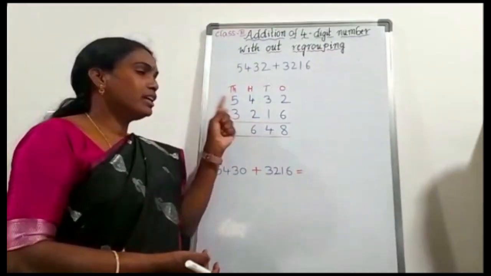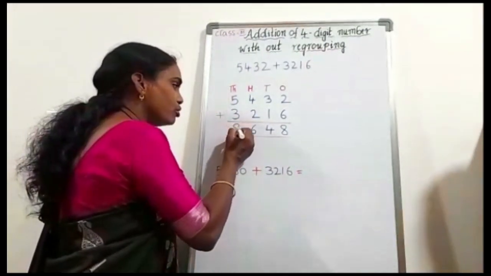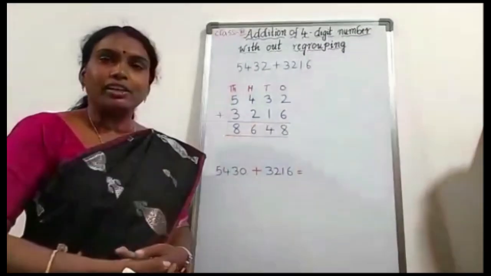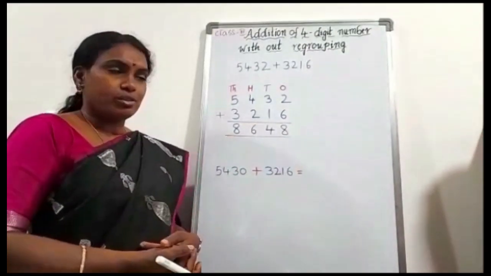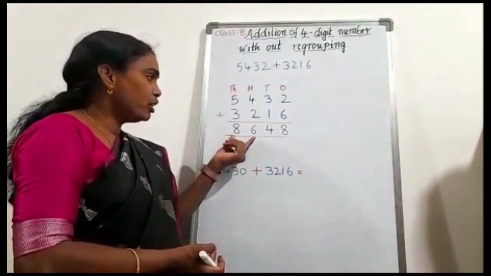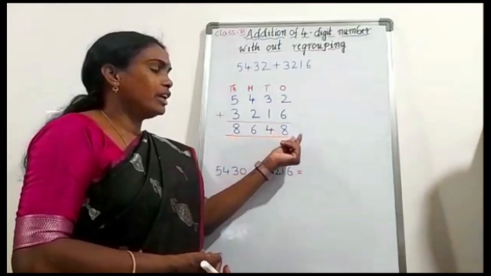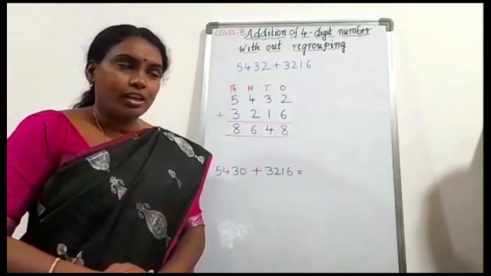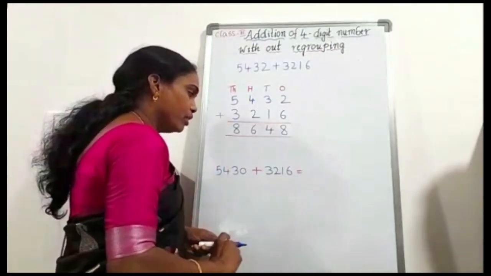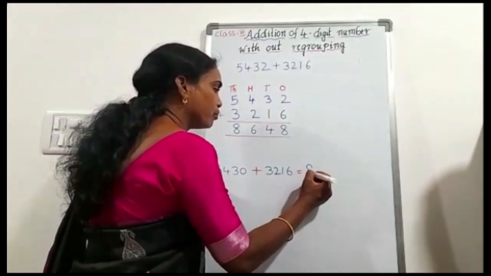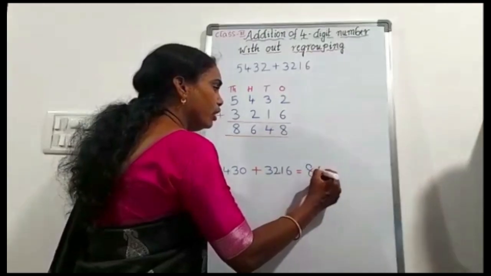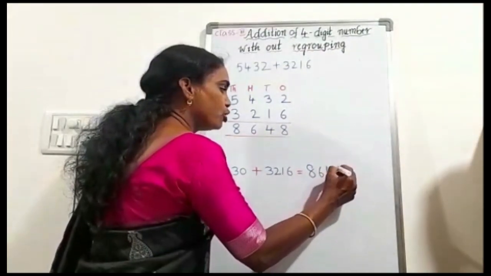So 5 plus 3 is 8. 8000. So we write 8 under the thousands column. The answer is what? 8648.